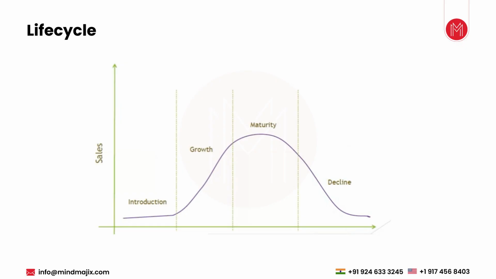Whoever could afford it was able to buy the Maruti 800. In the 80s it was under the introduction phase, but in the 90s it was under the growth phase.